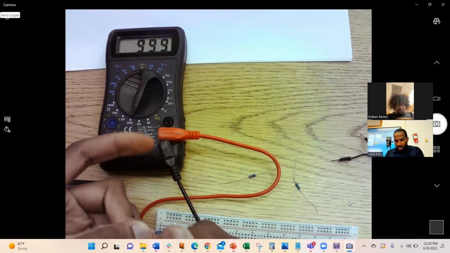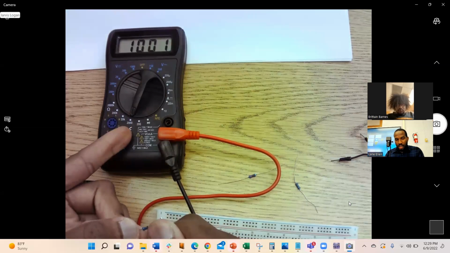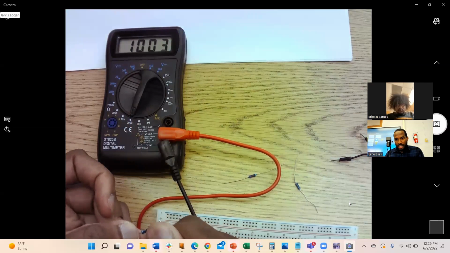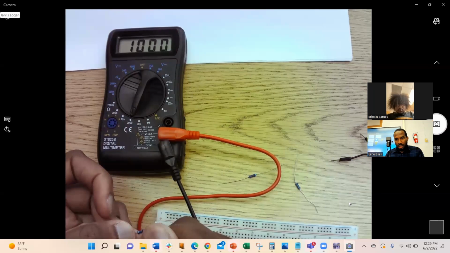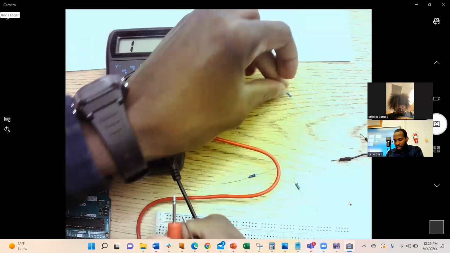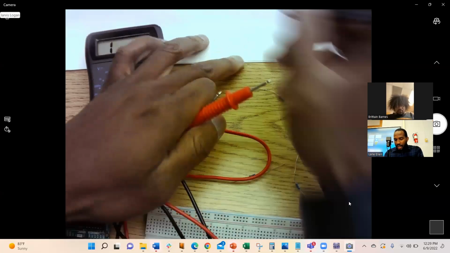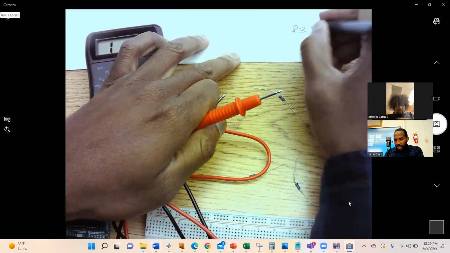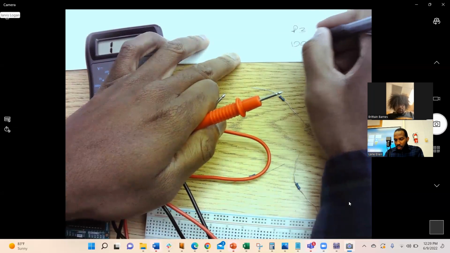My meter is on 2000 and this is reading 999. So this is my 1K ohm resistor, or 1000 ohms. Let's go with 1001 ohms. So I can say that R3 is equal to 1001 ohms.